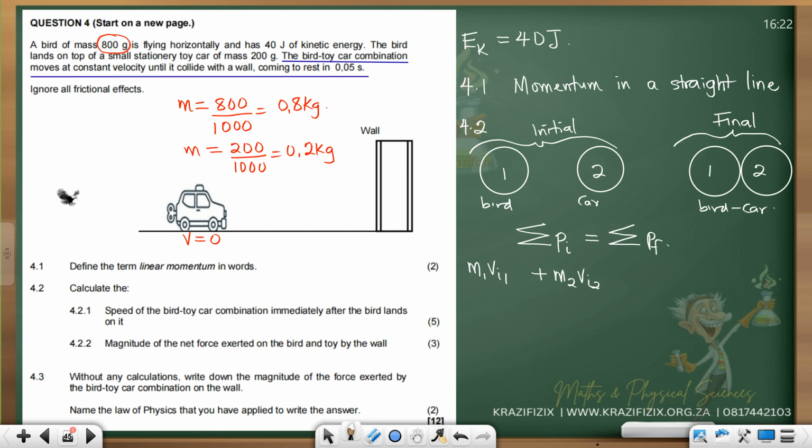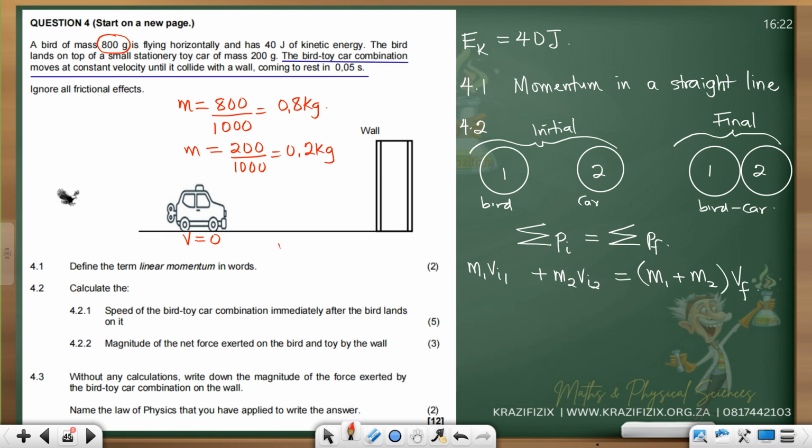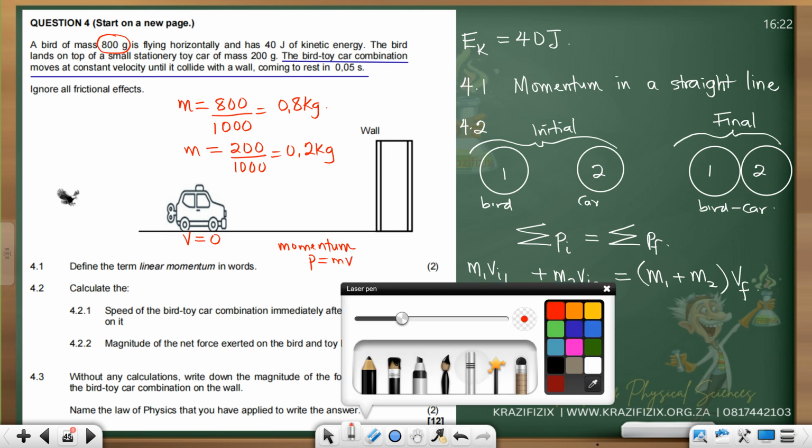So the sum of initial momentum is equal to the sum of the final. Anytime they move together, we can just add the masses, which is M, and they have the same velocity. Please, I want you to notice that we have maintained that momentum. Momentum P equals mv. That's what I wanted to see.